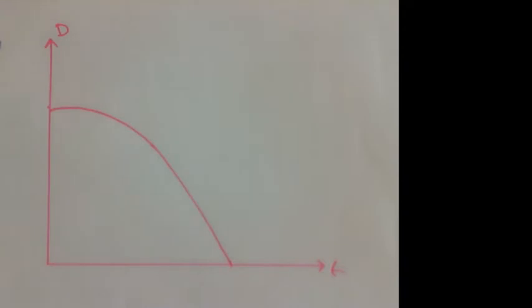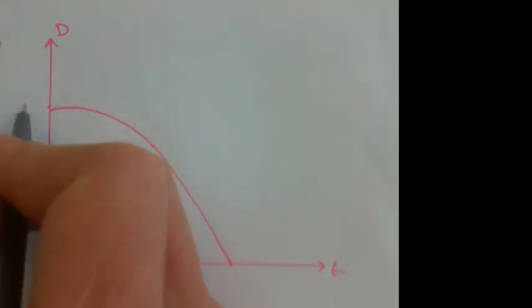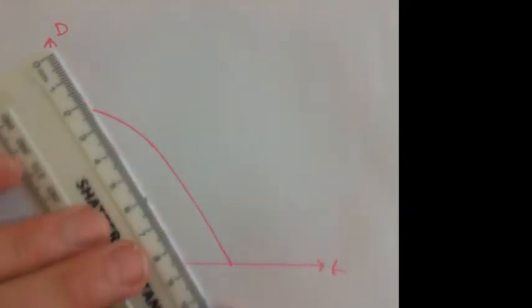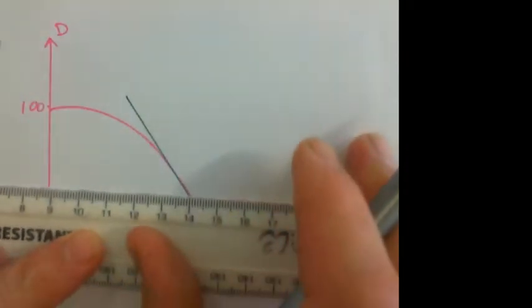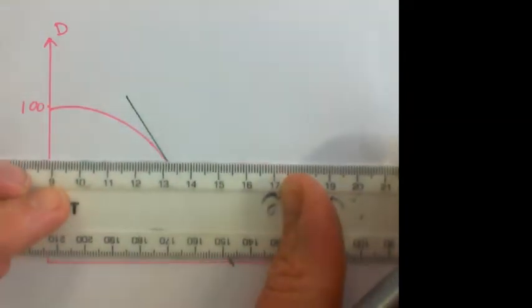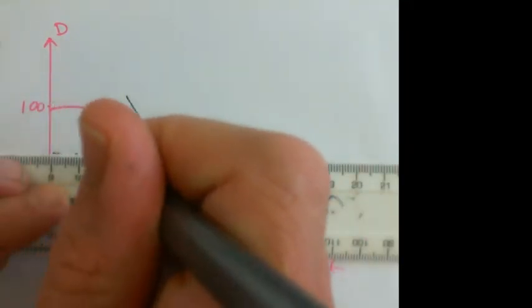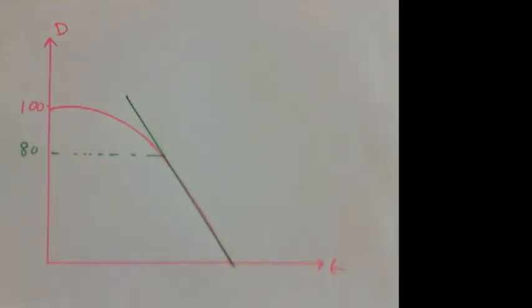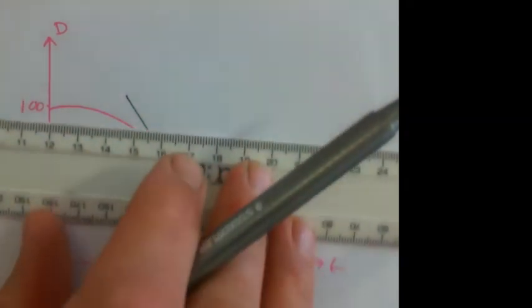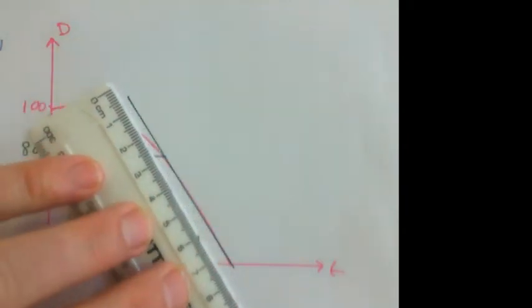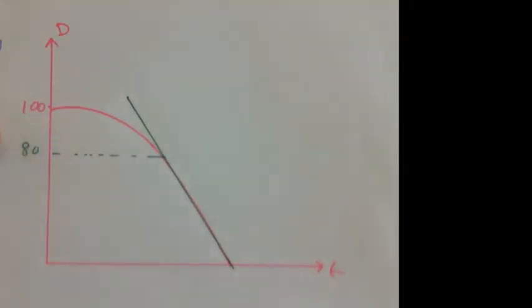Okay, so let's say if you started 100 meters up, you'd then say that when that becomes a straight line, which is about there, you'd say that it reached terminal velocity at about 80 meters, roughly, because where the gradient stops increasing and then just continues at the same rate, that's where terminal velocity is reached, at 80 meters.